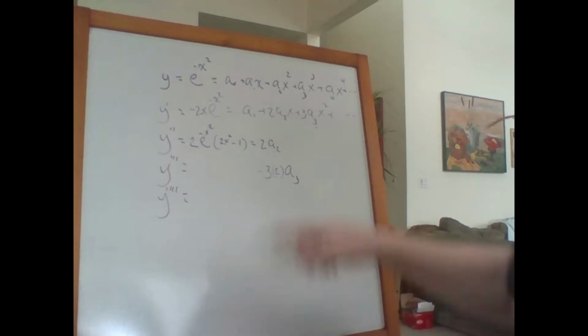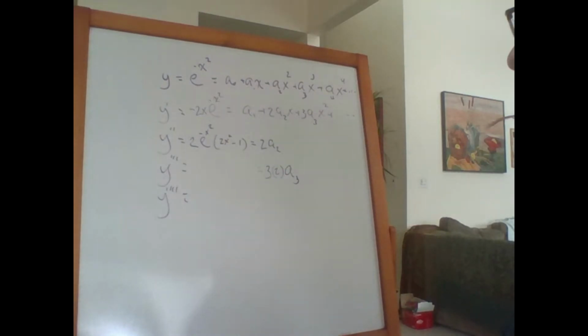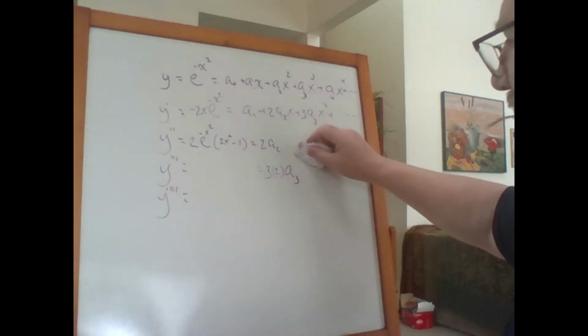It's just that finding the individual coefficients, A1, A2, A3, A4, and so on, becomes a little more difficult. It's an interesting challenge, and I'm not going to work it out here.